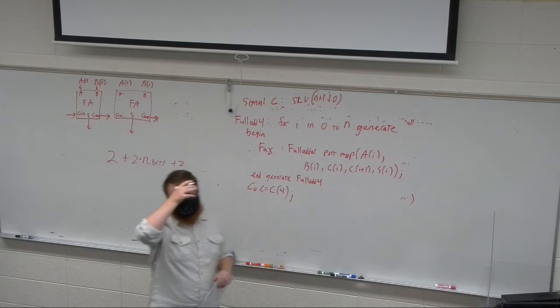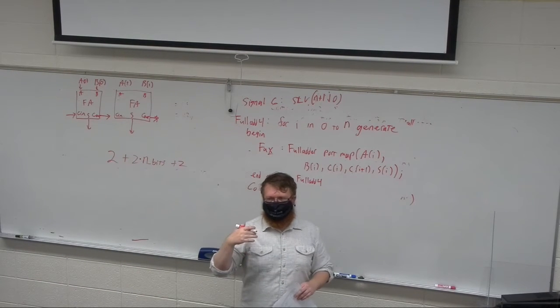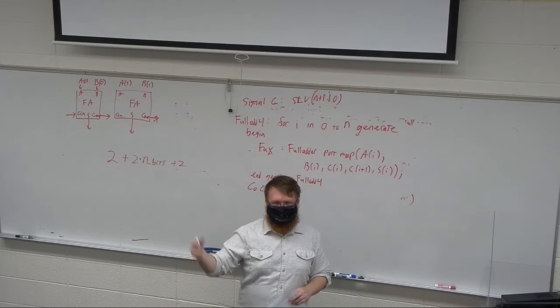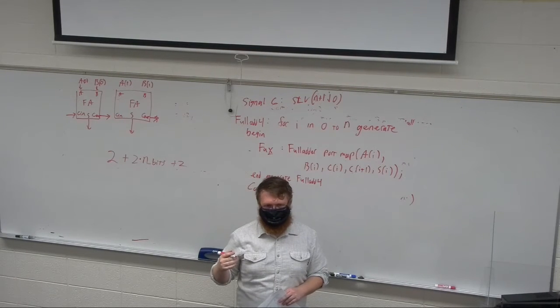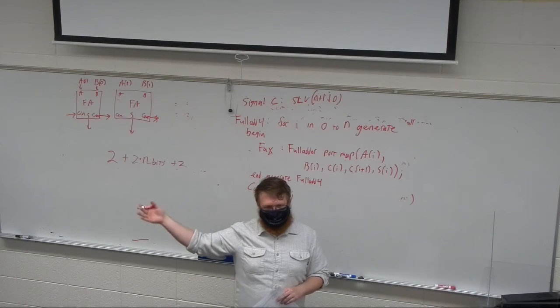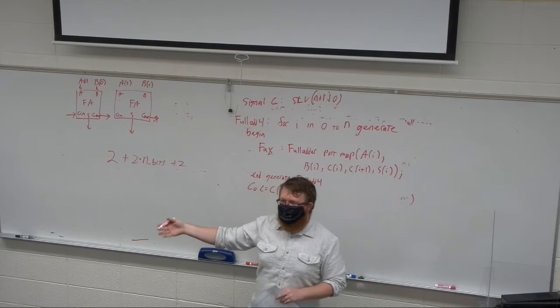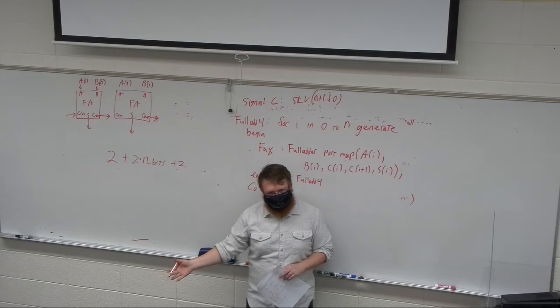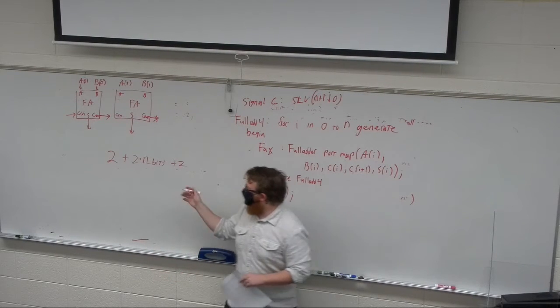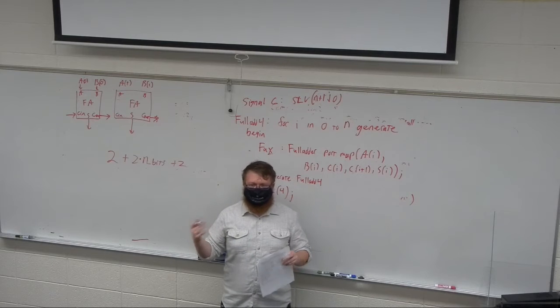Each of the adders has 3 gates to generate the carry out, so it's 3 times the number of bits. You can remove 2 of the gates at the end if you don't care about that last carry out. So 10 or 12 is correct.